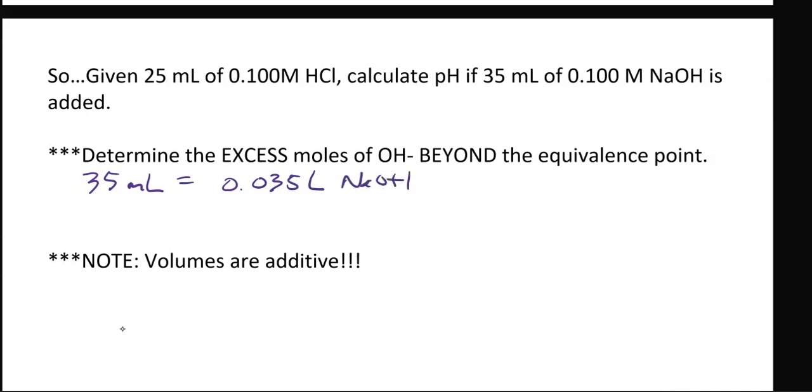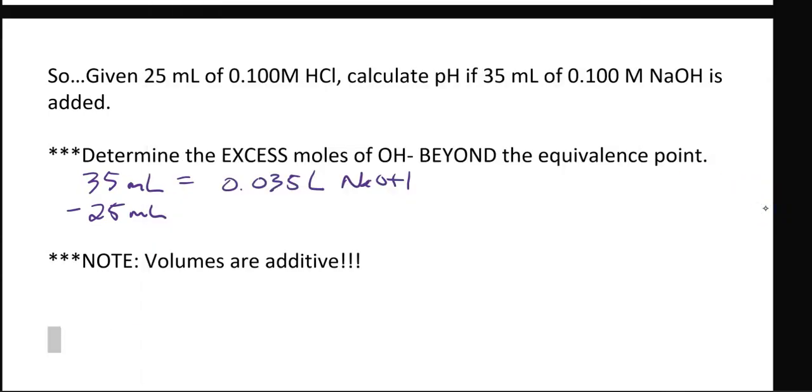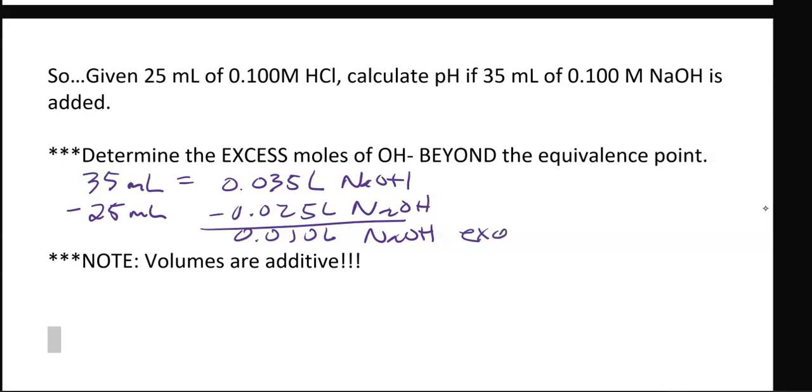But how much actually reacted with the acid? If you remember, we were at the equivalence point when we had added 25 milliliters of sodium hydroxide. So if I subtract in liters, then I'm going to get 0.010 liters of sodium hydroxide that are in excess.